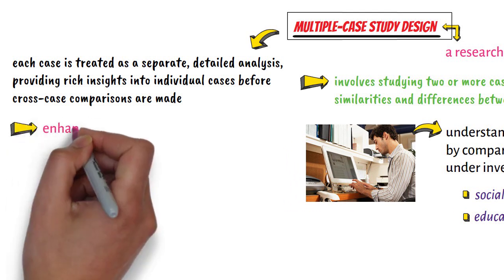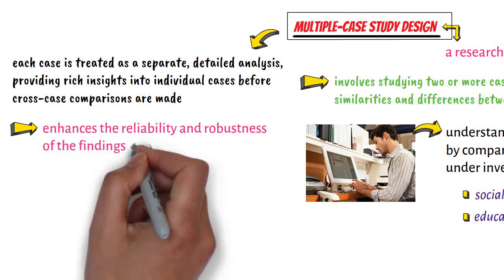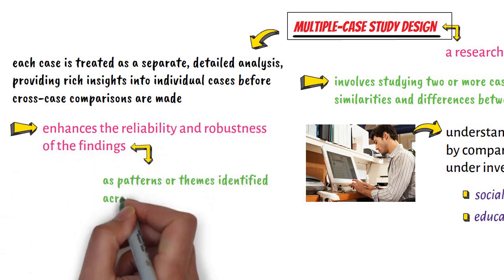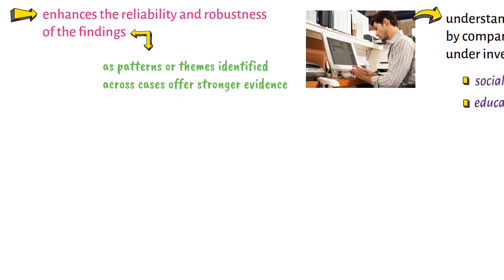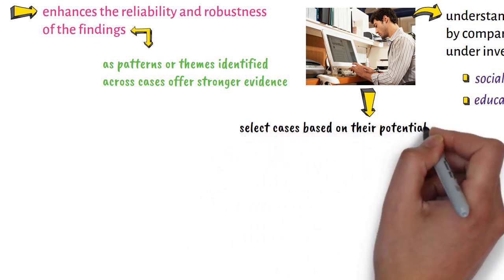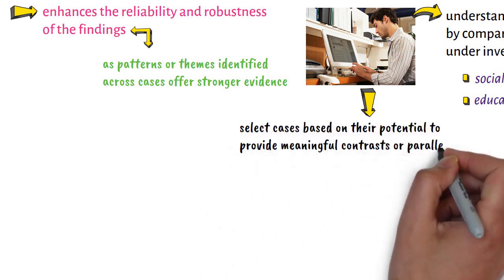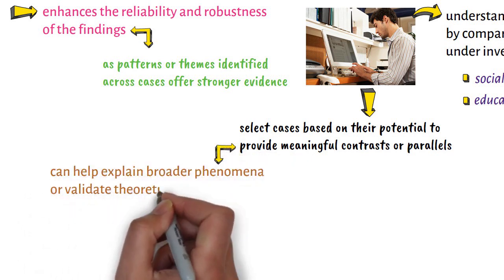This approach enhances the reliability and robustness of the findings, as patterns or themes identified across cases offer stronger evidence. Researchers typically select cases based on their potential to provide meaningful contrasts or parallels, which can help explain broader phenomena or validate theoretical propositions.